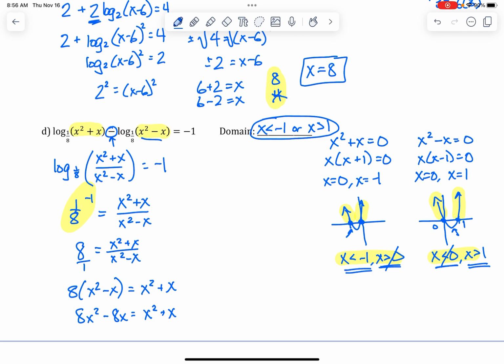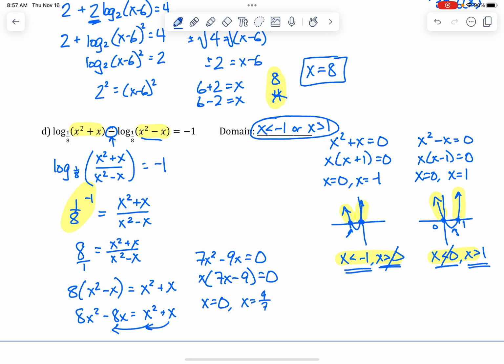It's probably easiest here to set it equal to 0. So I'll bring everything over and we have 7x squared minus 9x. Factor out an x. And we have our solutions, x equals 0 and x equals 9/7.